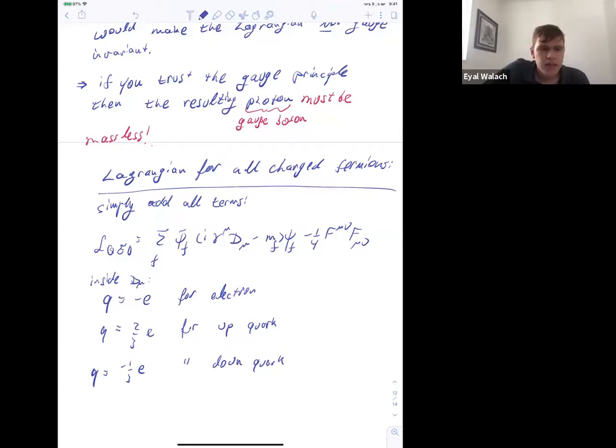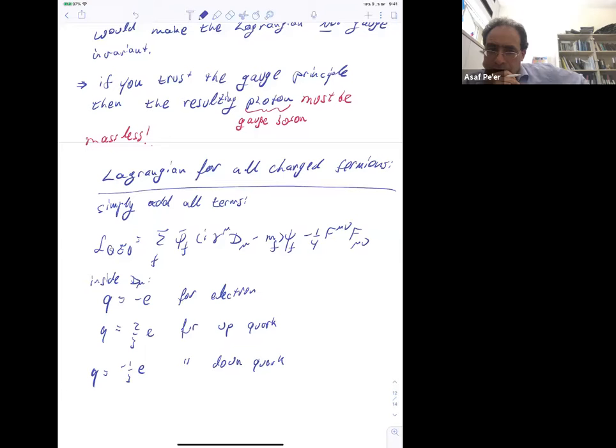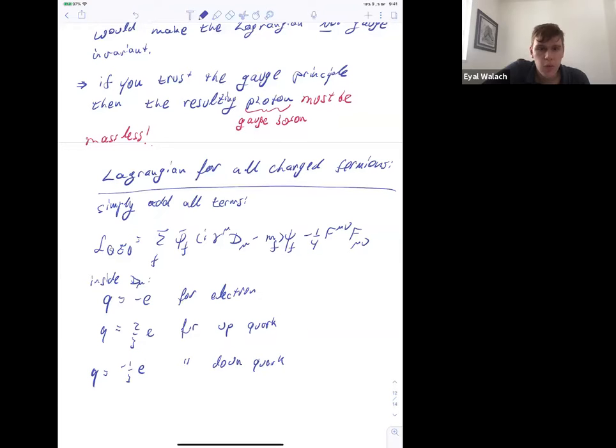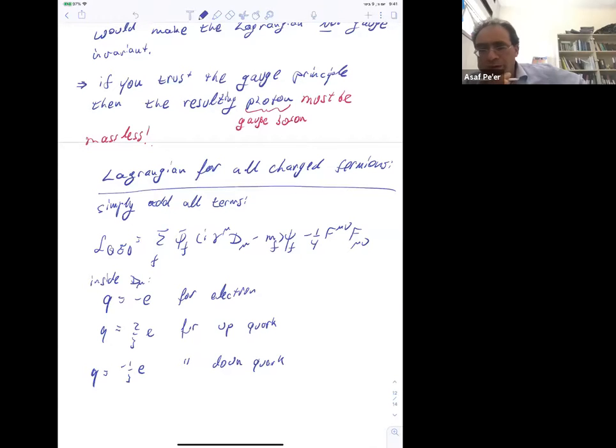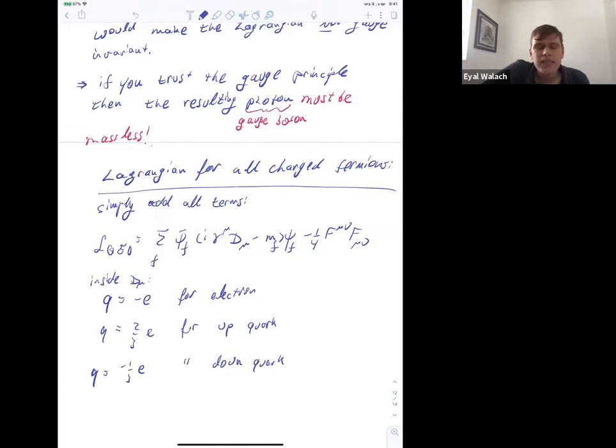But if you talk about the total QED Lagrangian that you wrote right now, it has only one symmetry, right? It's not a symmetry for electrons and a symmetry for up quarks. It's one symmetry. This symmetry includes different phases for electrons, up quarks, and down quarks. Yeah, I do want the Lagrangian to be invariant. It's the same phase up to a multiplicative constant.